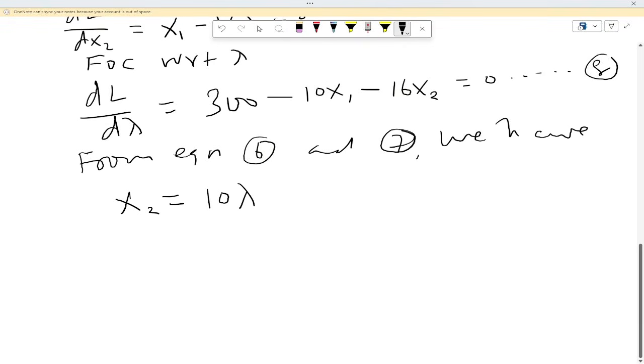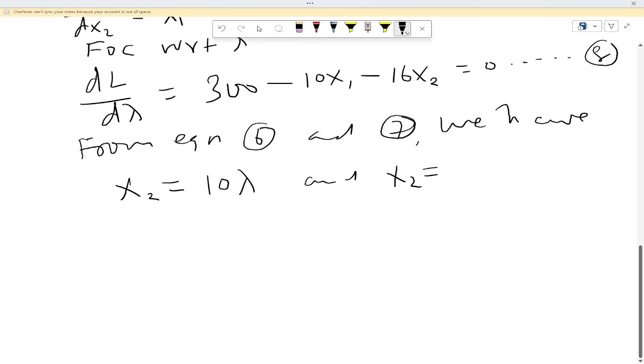And for this x1, you also do the same thing. You move 16 lambda to the other side of the equation. You have plus now 16 lambda.